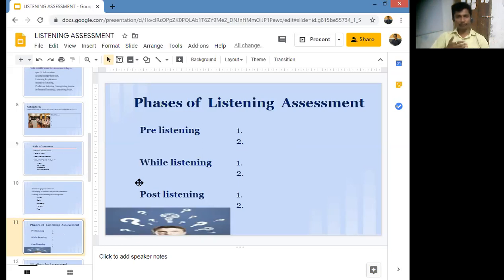It means our duty, what we have to do in the pre-listening session. Then we must consider what stages we have to follow while listening, what care we should take in the while-listening session, and then after, the post-listening too.